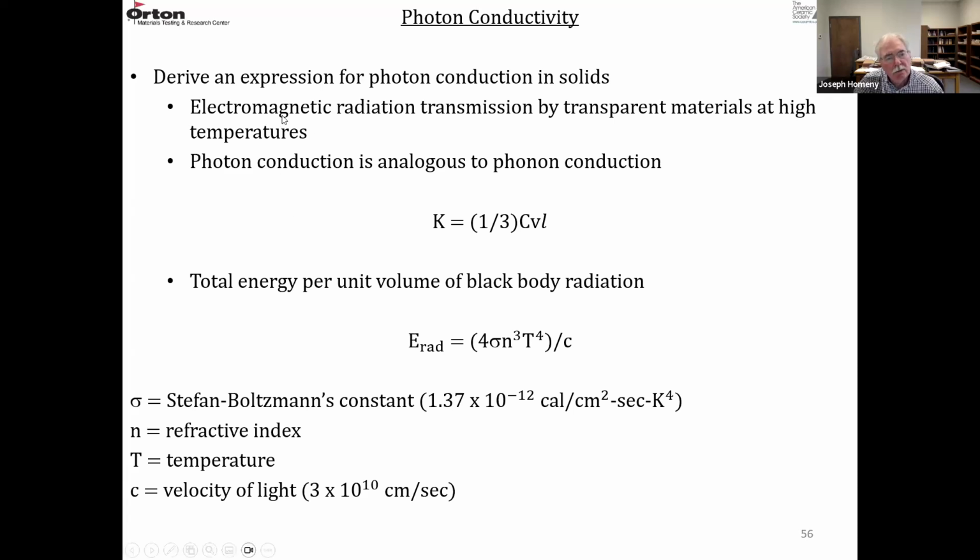So this is an equation that we can write for electromagnetic radiation. And this is transmission by transparent materials at high temperatures. Refractory materials are opaque. So this really doesn't apply because they're not transparent, but we'll derive the equation for transparent materials.